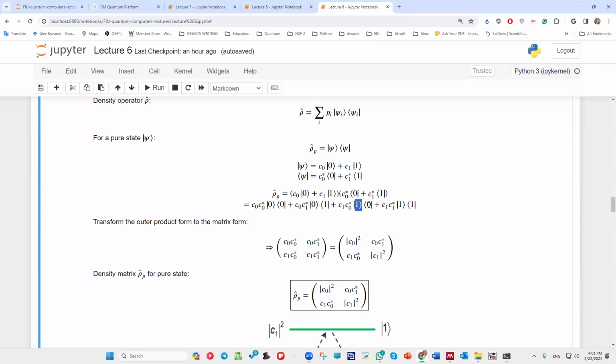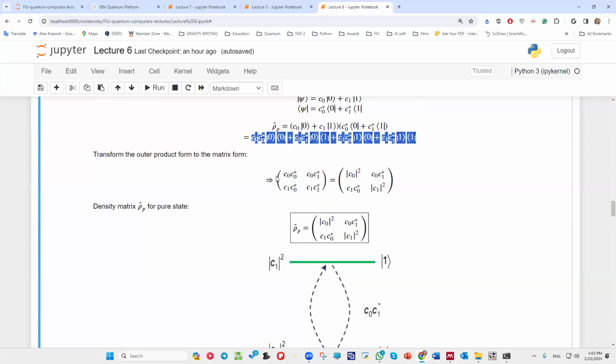Now, recalling the matrices for these outer products we discussed maybe last week, this is basically nothing but the matrix 1, 0, 0, 0. This is the matrix 0, 1, 0, 0, and so on. So we can represent this expression in matrix form written here.